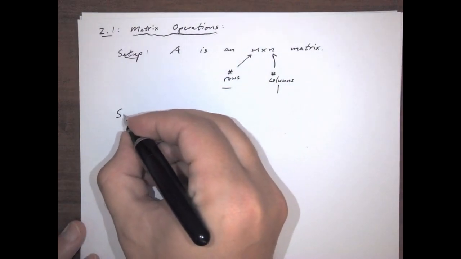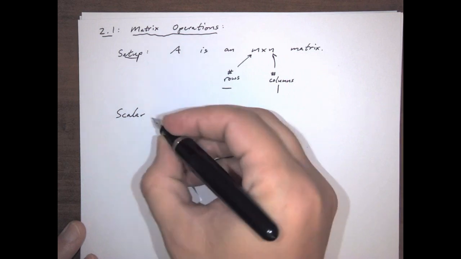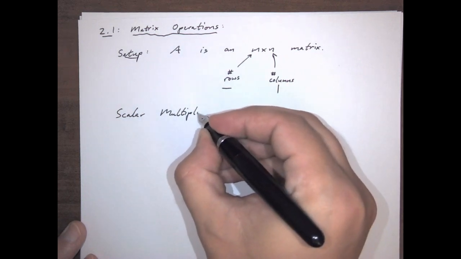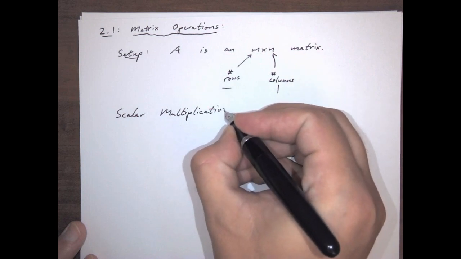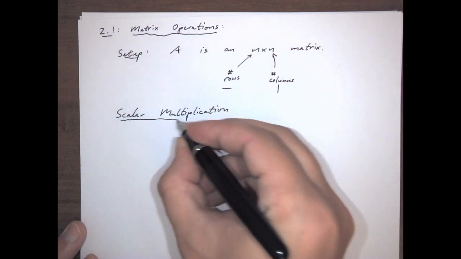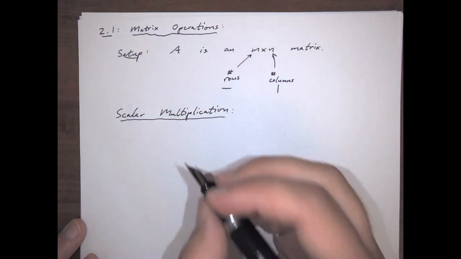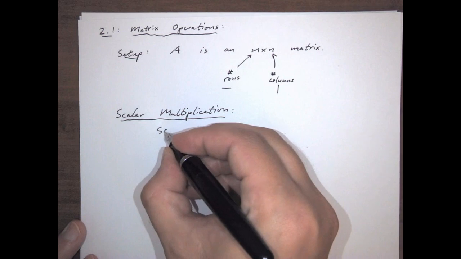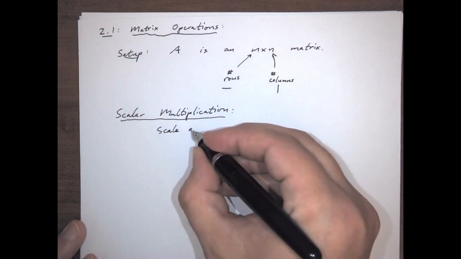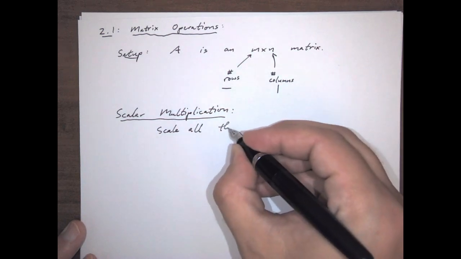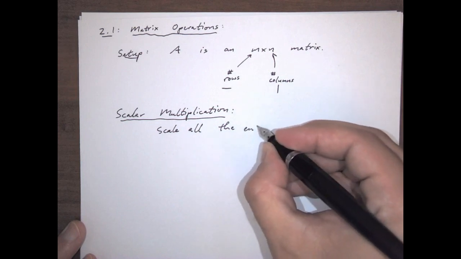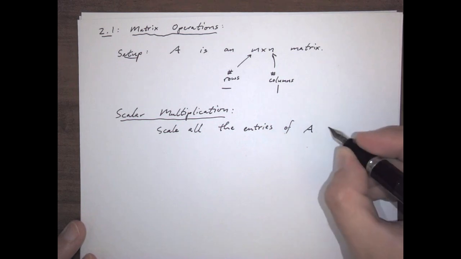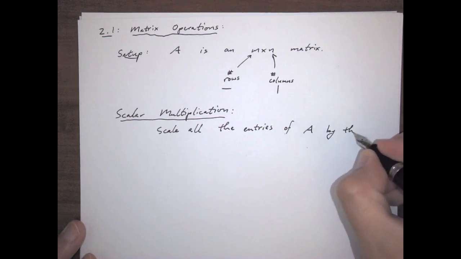So then scalar multiplication, you just scale up all the entries of A by the factor.